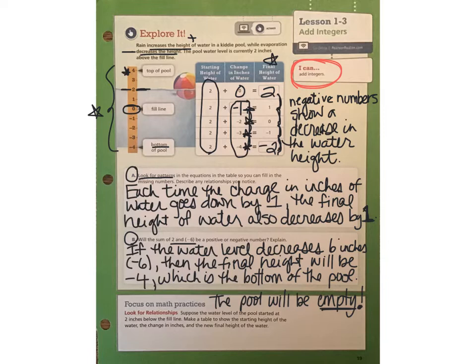So if you start at 2 and then you go down 6 inches, 1, 2, 3, 4, 5, 6, you end up at -4. So you do get a negative number. And that actually is the bottom of the pool. So if I'm at the bottom of the pool, that means the pool is empty. I don't have any water in it anymore. Next, let's take a look at example 1.